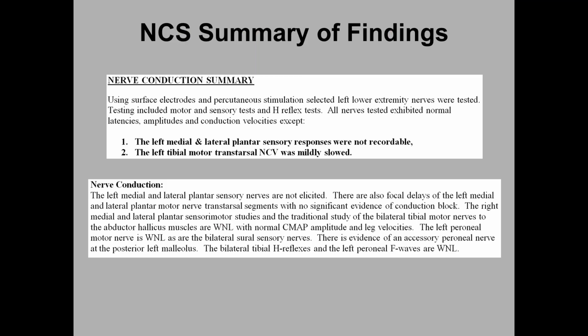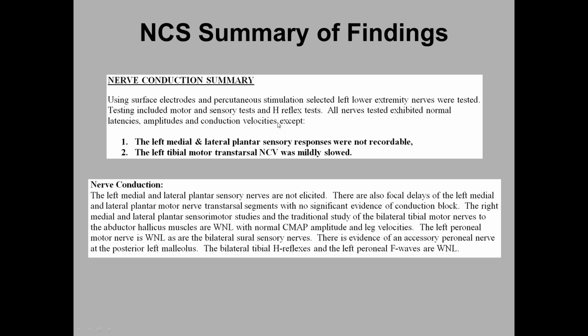Using surface electrodes and percutaneous, that's the part I don't ever remember. But we would say all motor and sensory nerves, including H reflex, bilateral H reflex, were within normal limits. Right. And no exception. You would just put a period after velocities on this sentence here.